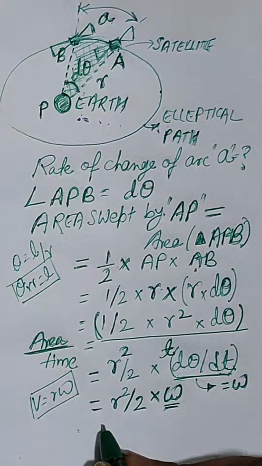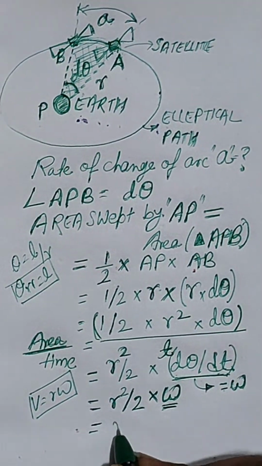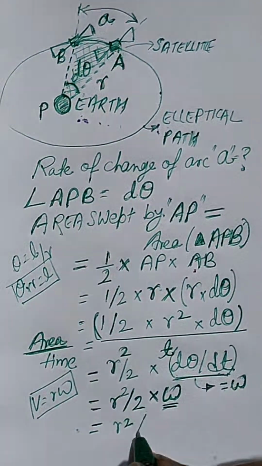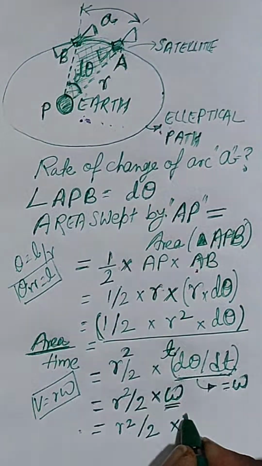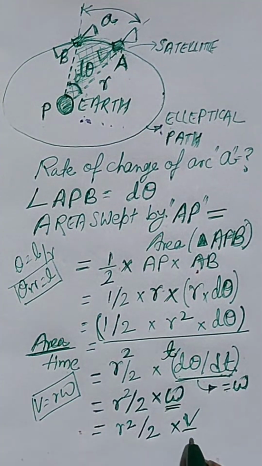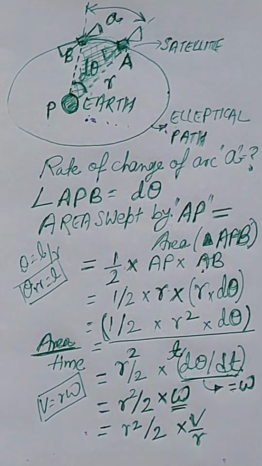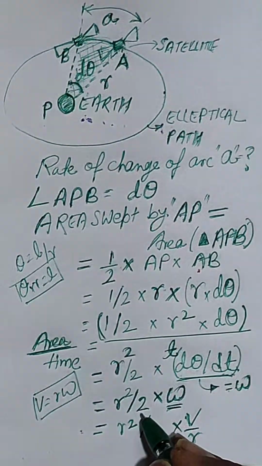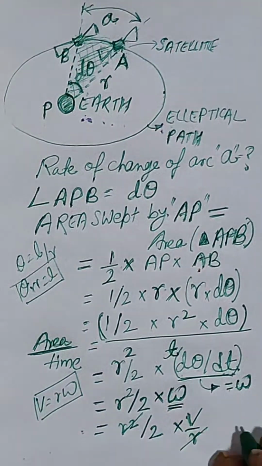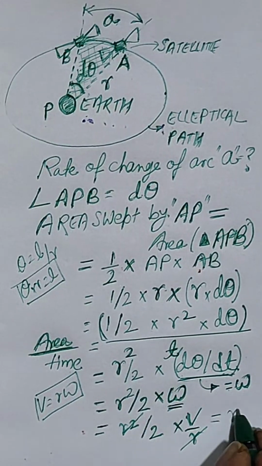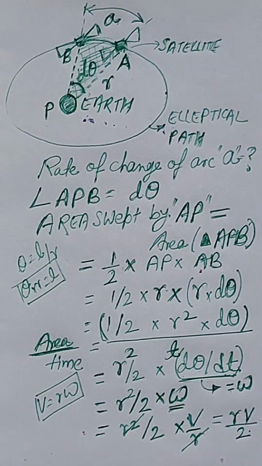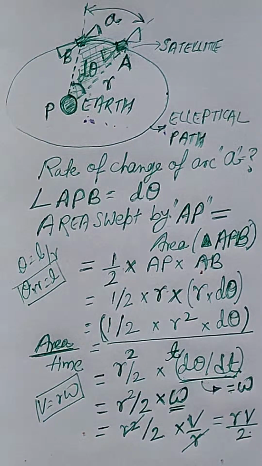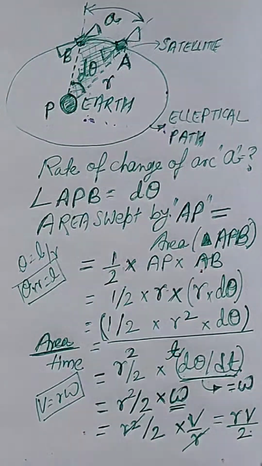So if we write omega as v by r, it will become r square by 2 into v by r. This will cancel one of the r, and we have rv divided by 2, right?